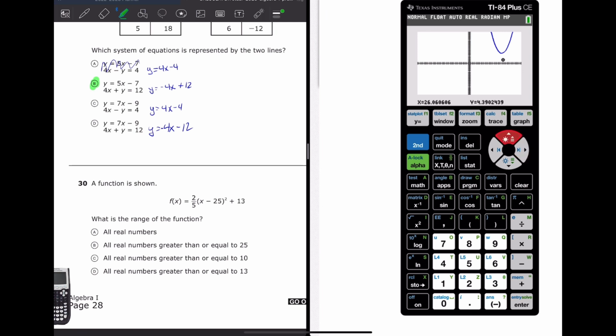I'm checking to see where the minimum value is to get an idea.